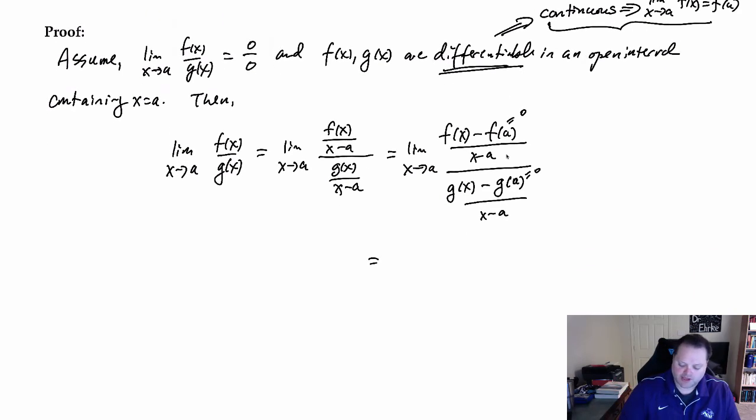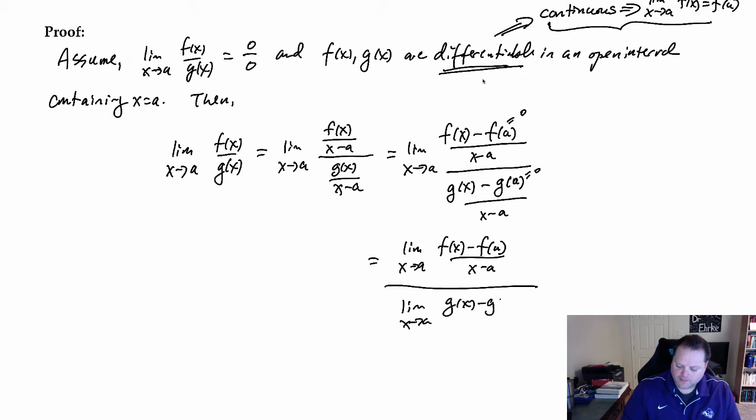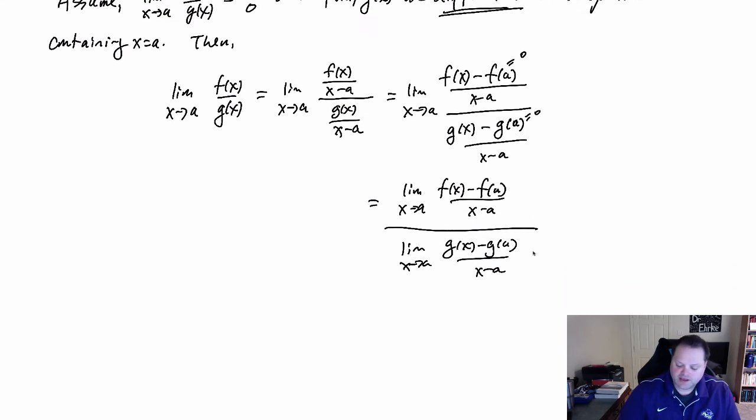Remember, our limit laws say that if you're taking the limit of a ratio, it's the ratio of the limits. So I can write this as the limit as x goes to a of the top divided by the limit as x goes to a of the bottom. And I should recognize these limits from the course. This is the definition or the form of the derivative function at a.